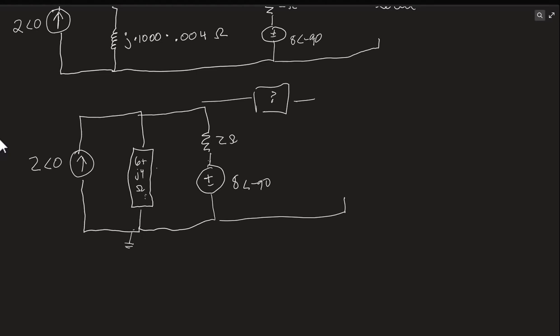And so what we can do to get them to where they are parallel is to do a source transformation.